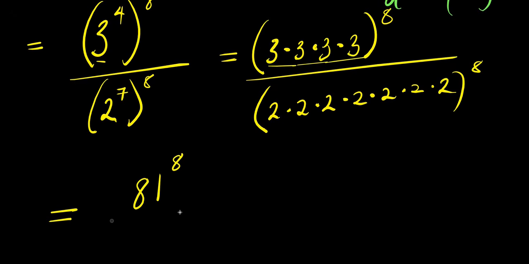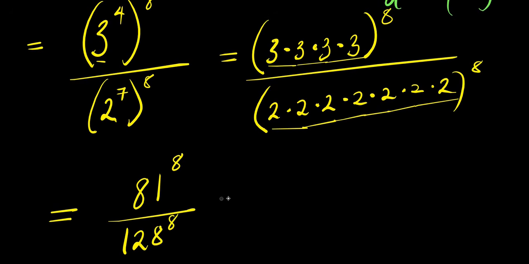So we have 81 power 8 divided by 2 power 7, which is 128, power 8.